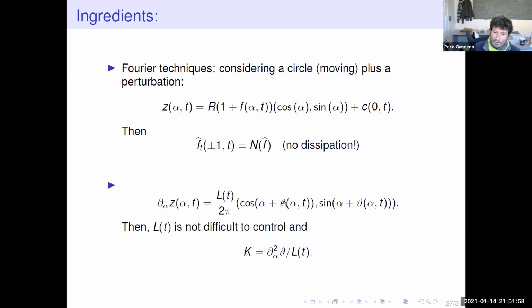And then we are going to look for a particular reparametrization of the interface, having a constant modulus of the tangent vector that only depends on time here, okay? So this L(t) is the length of the bubble, okay? And then we are going to look for the equation of theta.